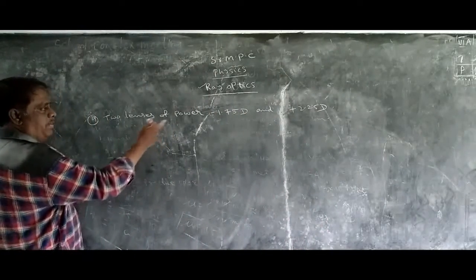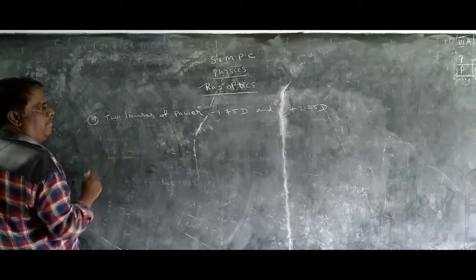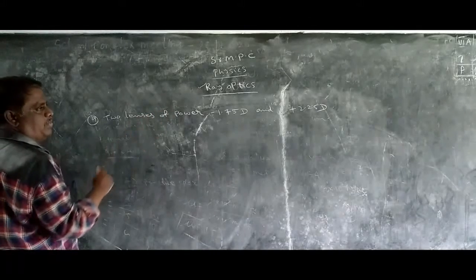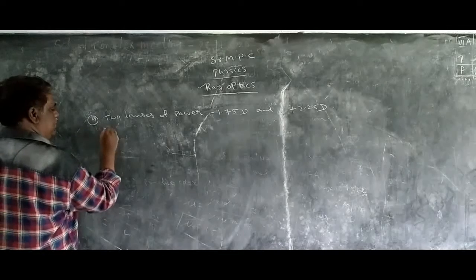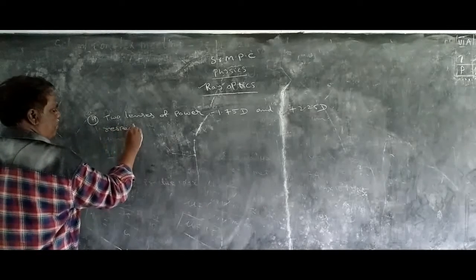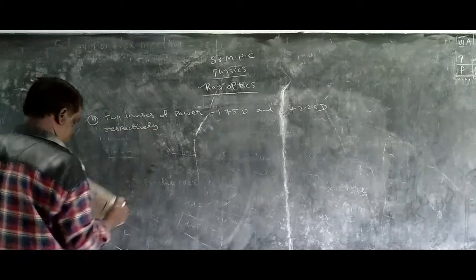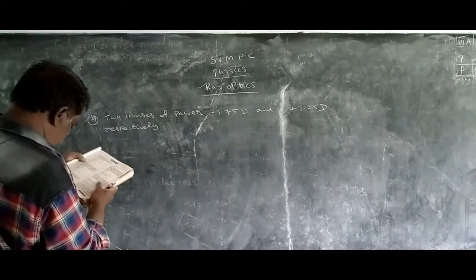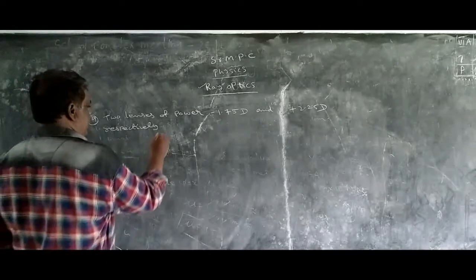Minus 1.75 is for the concave lens and plus is for the convex lens respectively, and placed in contact.